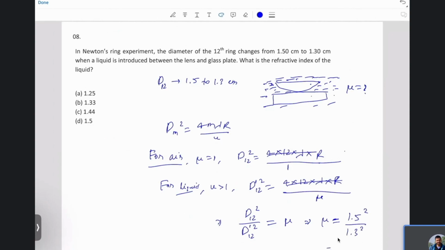Okay, so when you divide this, you will get 1.33. So this is the refractive index of the liquid. Option B. Correct.